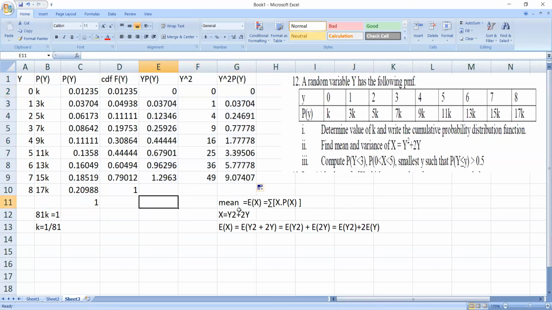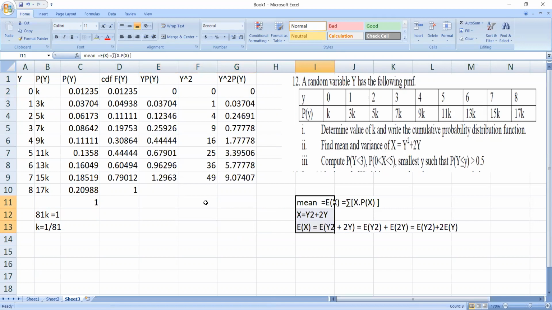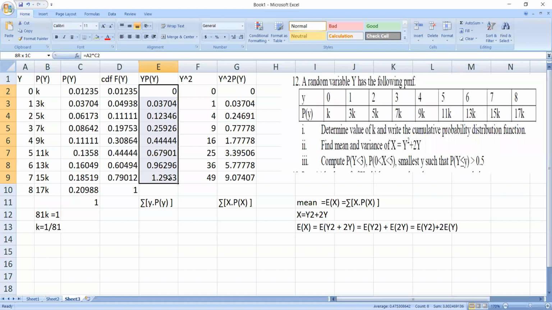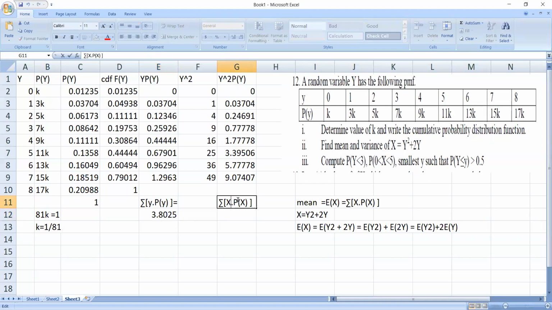And we need the total of this. $3.8025. $21.0865.